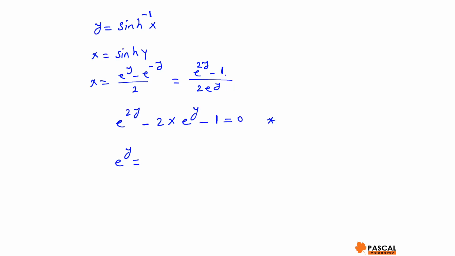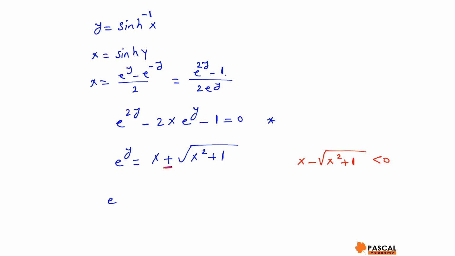If we solve it using the quadratic formula, e^y would be x plus or minus square root of x^2 plus 1. Since x is always smaller than the square root of x^2 plus 1, x minus square root of x^2 plus 1 is negative. Therefore, x minus square root of x^2 plus 1 is inadmissible.